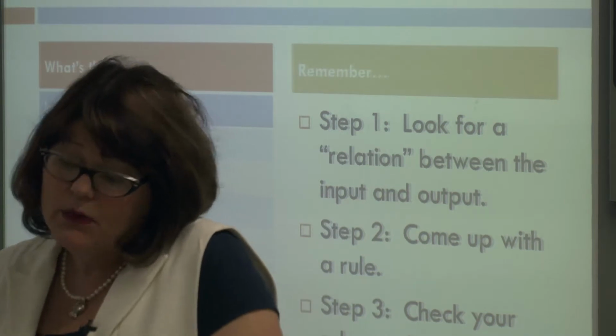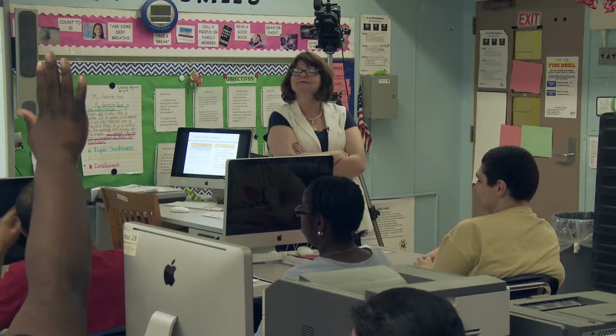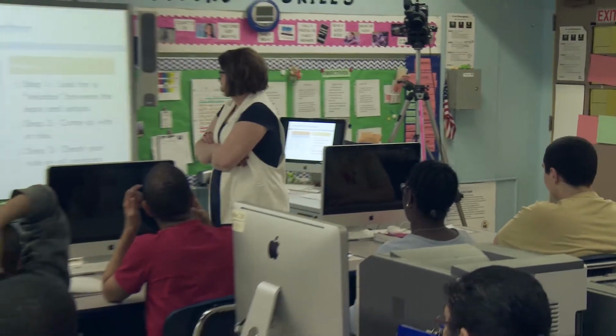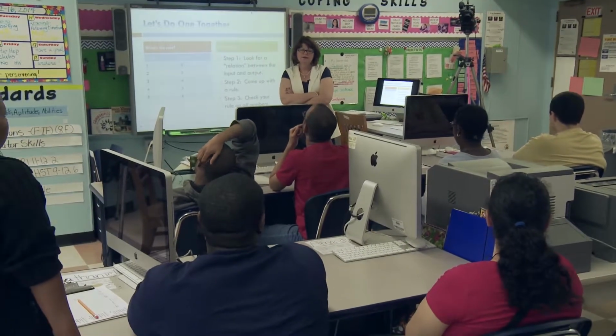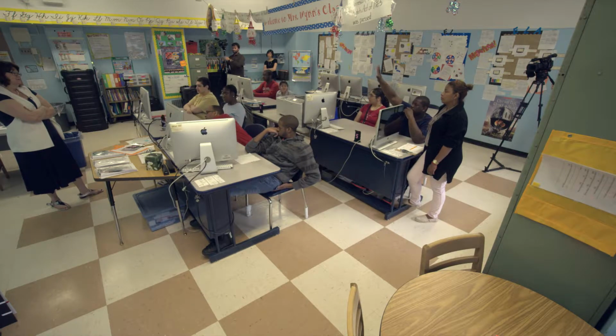I know I'm going to add or multiply. What do you think? Not sure. Have you figured a rule yet? Can you find a rule? The rule is it has to be plus 1 in it.